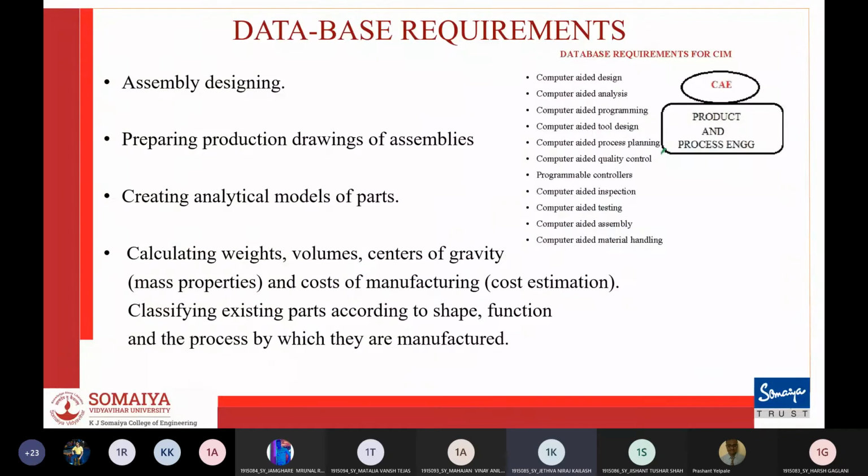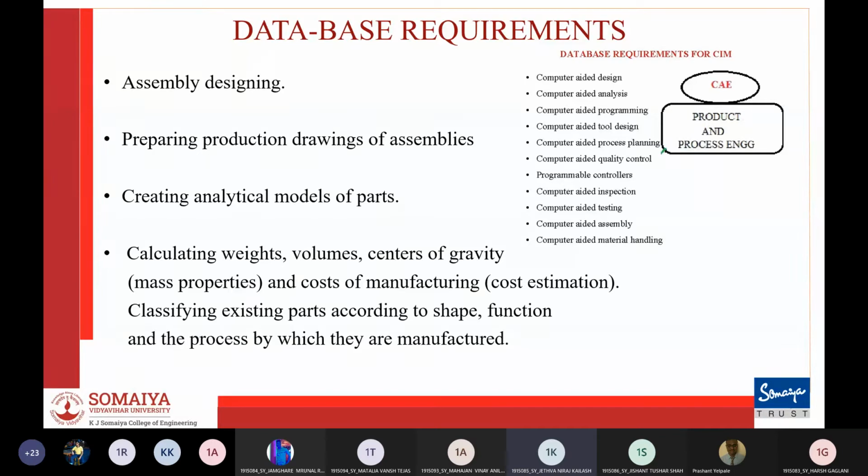Next slide, please. So the database requirement. To bridge the difference between the mechanical design and the manufacturing functions, various useful data are required for the implementation of a computer integrated manufacturing system, such as assembly designing. The data are provided from the designing sector to the manufacturing unit for the manufacturing purposes.